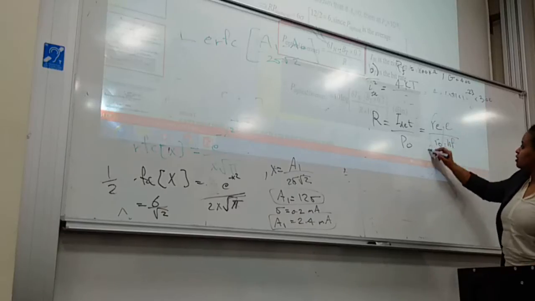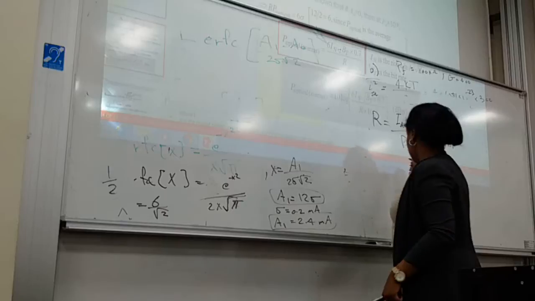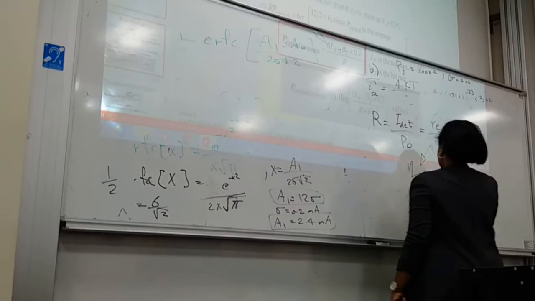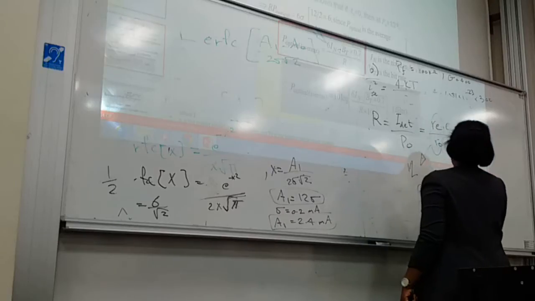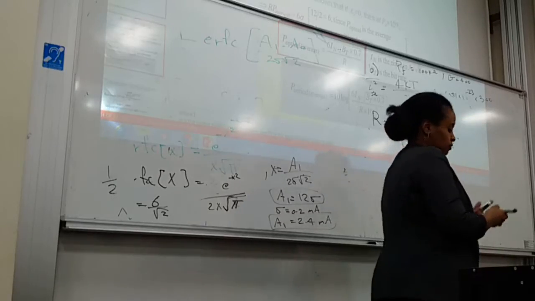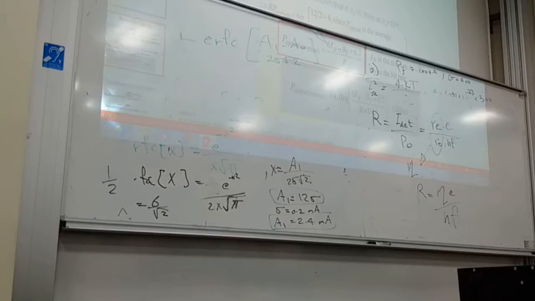And these together are what? Quantum efficiency. So that's why we can say responsivity is equal to quantum efficiency times e over hf. We have discussed all of that last week, so we are really efficient in using the time.